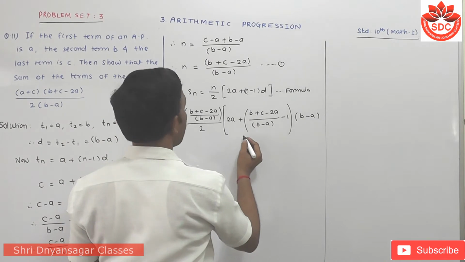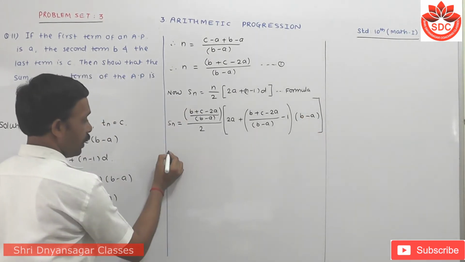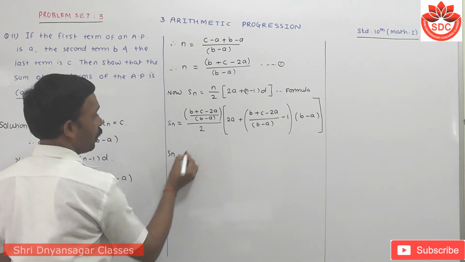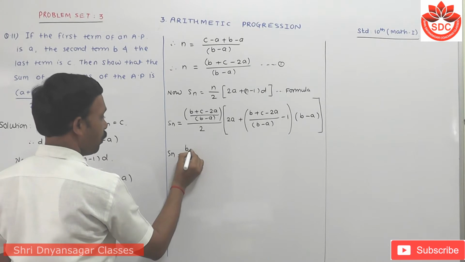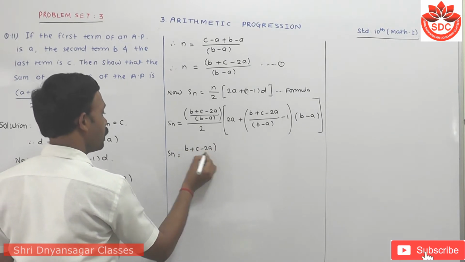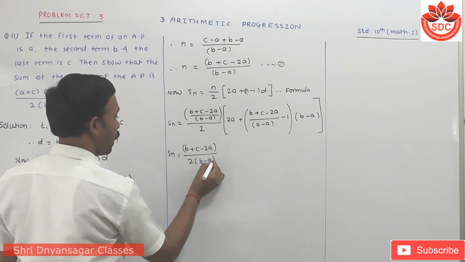Now then this bracket is completed. Then, student, Sn equals, now this one has a denominator, this one also has a denominator, so I write (b + c − 2a) upon 2(b − a).